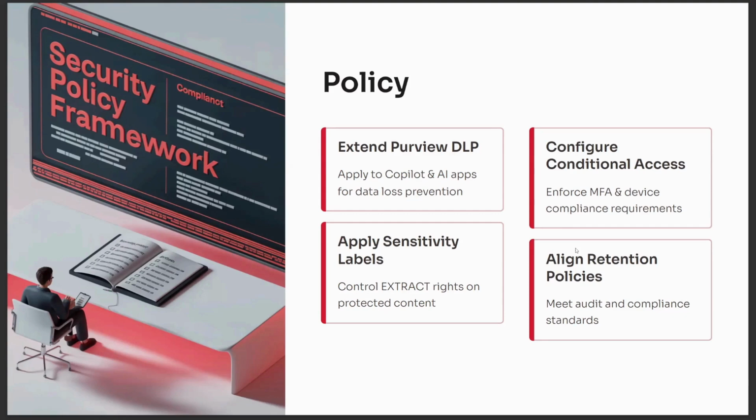And for me, I usually recommend using sensitivity info types, where you put in your keywords or your information to ingest, to make sure that you're getting the right data secured.